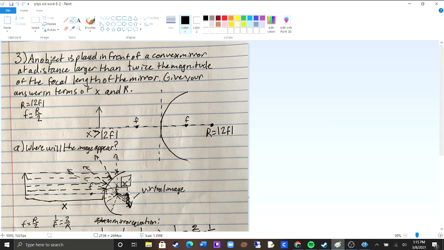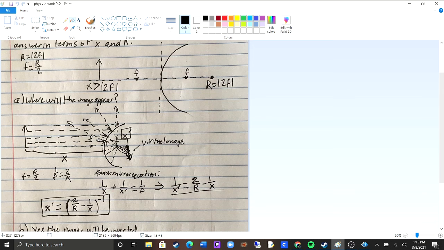And then right here we have this distance, this is not distance r, this is where the virtual image will be, and it is the distance x prime from the mirror. And the distance from the object is represented with x instead of s.